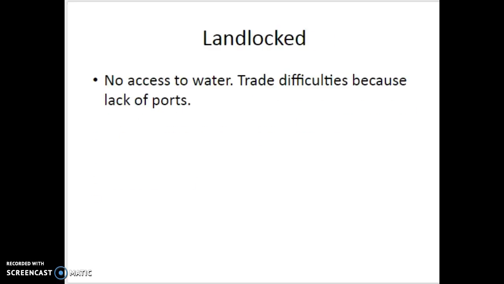And then I also want to throw in there that one of the things we see, especially with the last example, perforated states, something to go into with state morphology is the discussion of whether or not a state is landlocked. This means there's no access to water, which can make a huge impact when they're trying to have trade or commerce or infrastructure because they lack those ports.